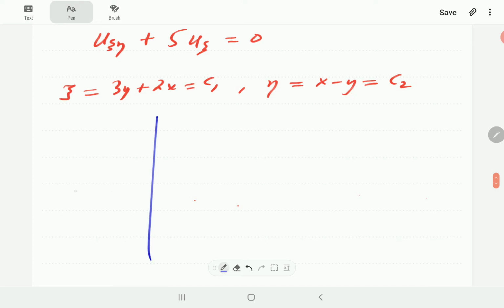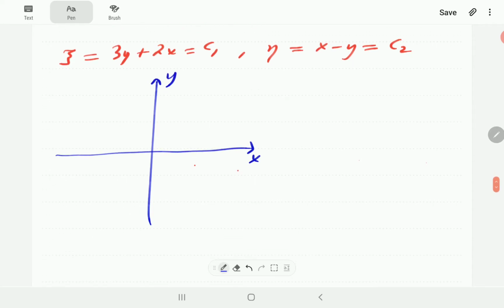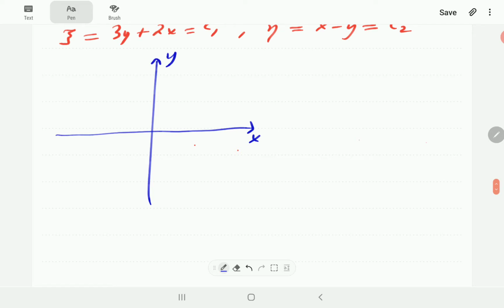If we start off with the xy coordinate system, in this coordinate system the PDE is 3uxx plus uxy minus 2uyy plus ux plus uy equal to 0.